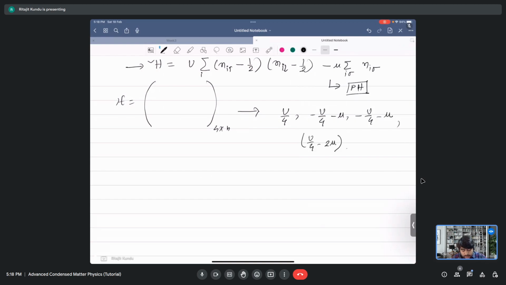You can find the eigenvectors also, which is quite easy to get. So let me write the eigenvectors as well. Let me just make a table so that it is very clear.